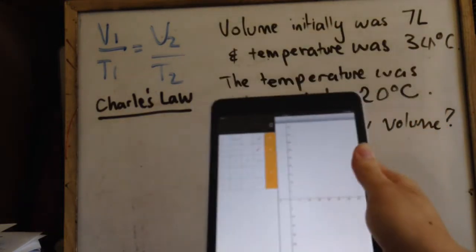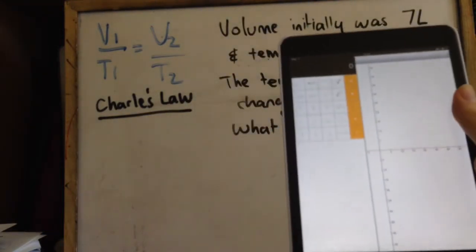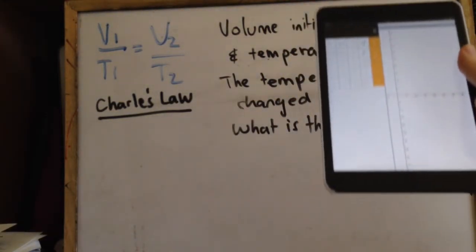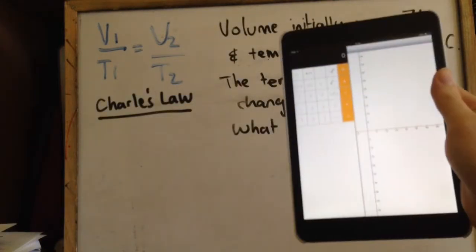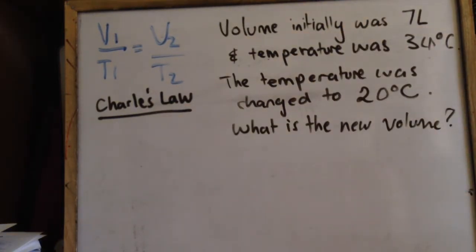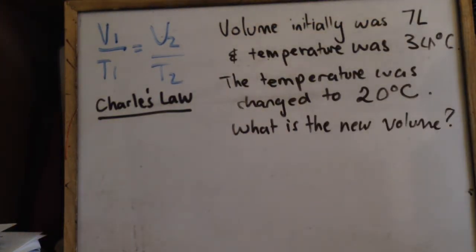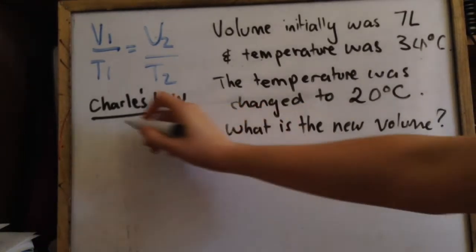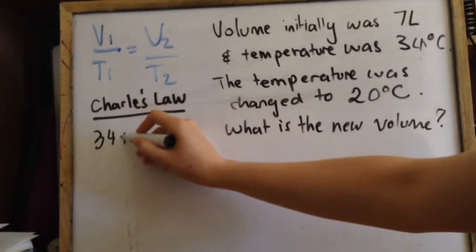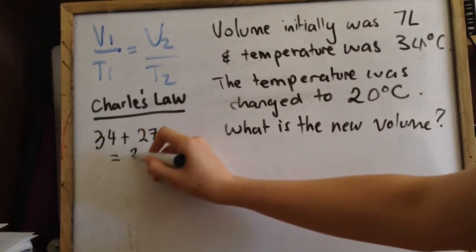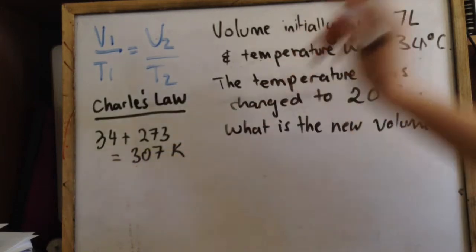I use it for all this science stuff, and what we first want to do is add 273 to both those temperatures to convert from degrees Celsius to degrees Kelvin. So I'm going to go ahead and do the first one. We have 34 plus 273, and we get 307 degrees Kelvin.